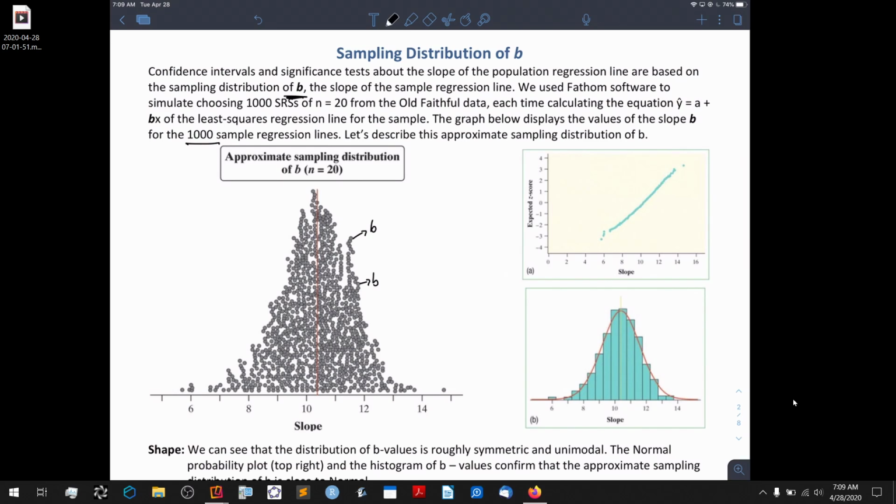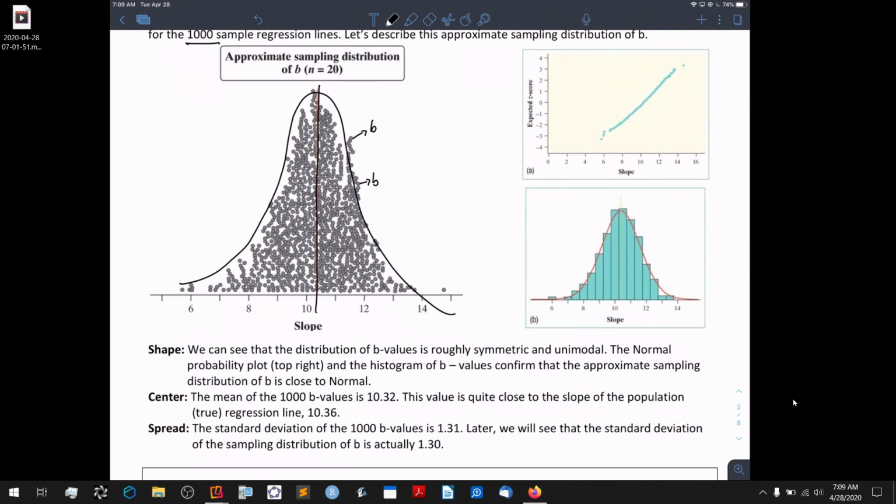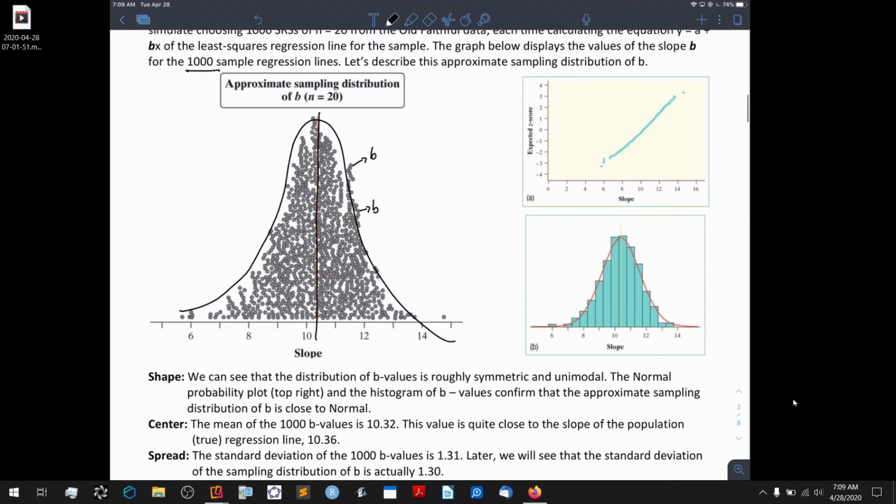All right, and so after doing this 1,000 times, you can see that this is approximately normally distributed. In this case, it's not the real sampling distribution, it's an approximation. Here is a normal probability plot of all of those sample slopes, and here is a histogram.